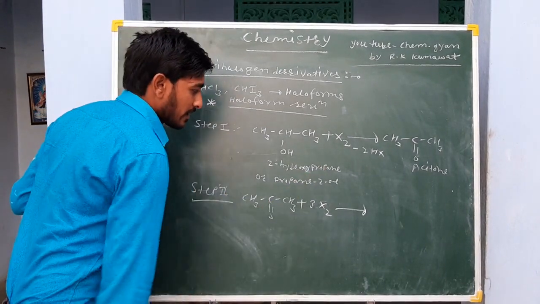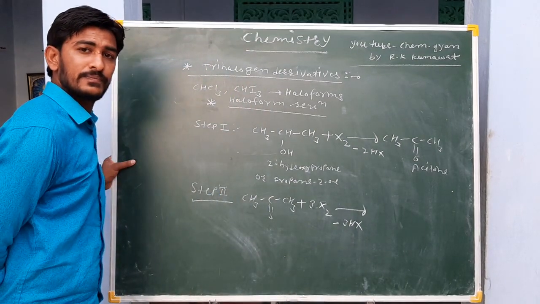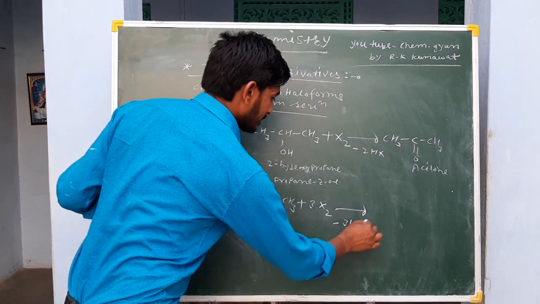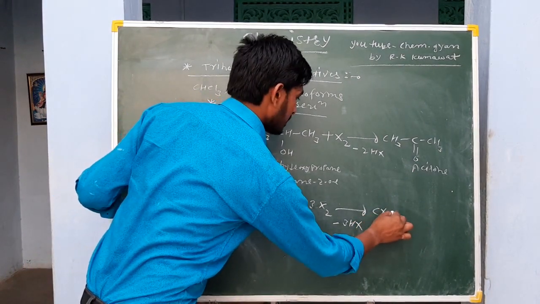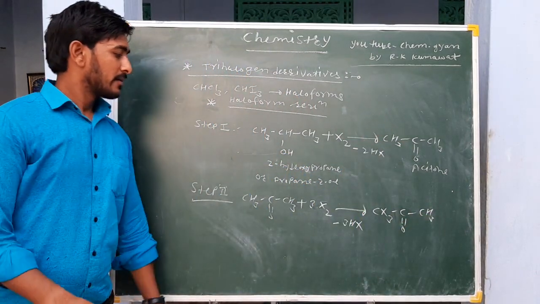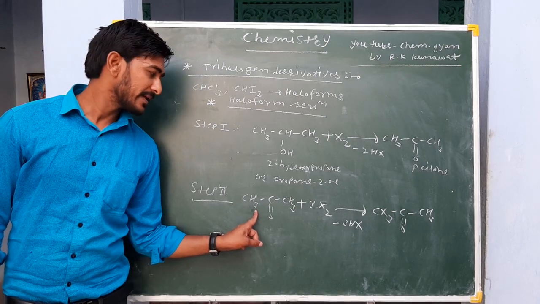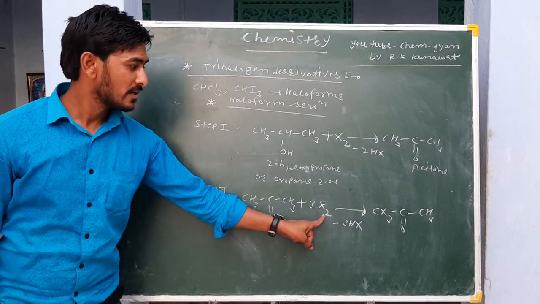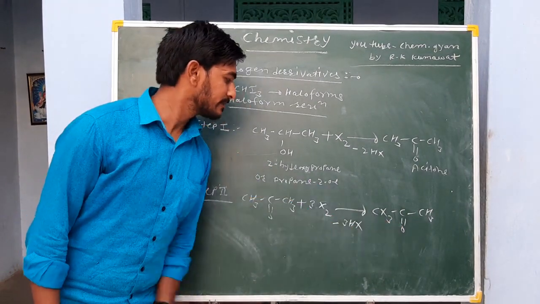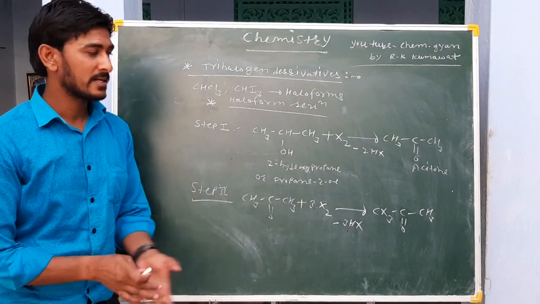Three molecules of hydrogen halide are removed in this reaction, and the main product formed is trihaloacetone, and the 3 molecules of hydrogen halide are removed in this step.